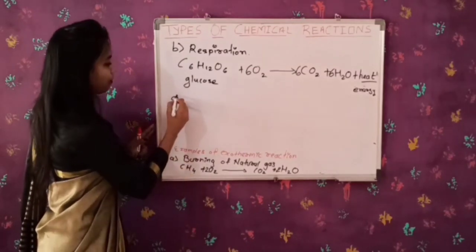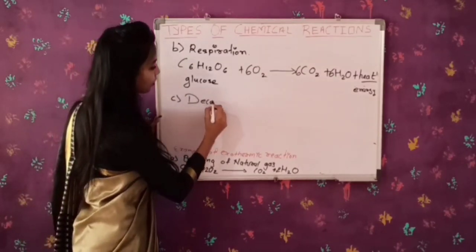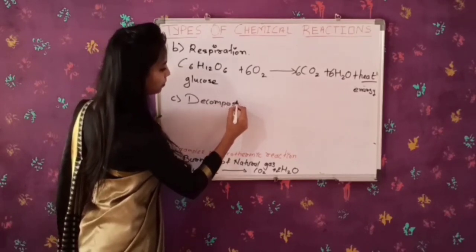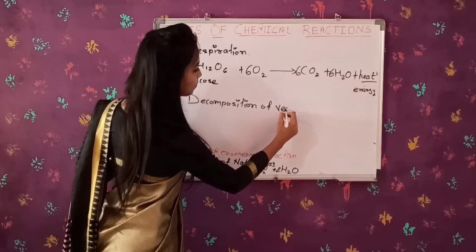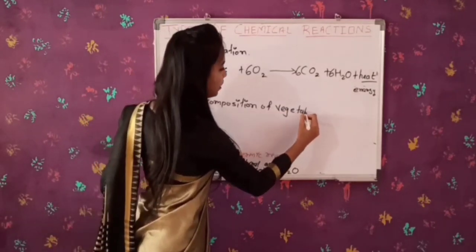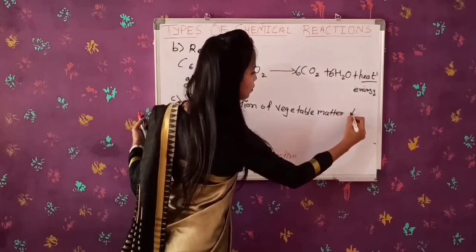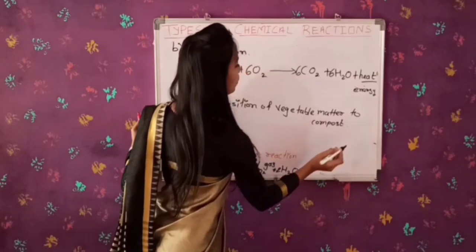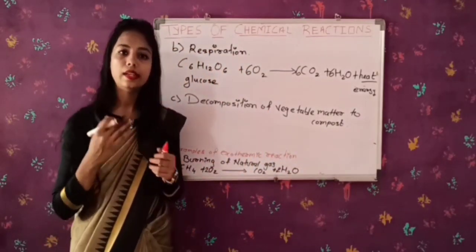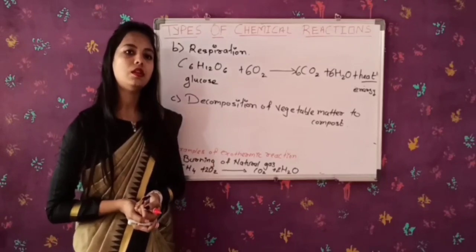And the last example of exothermic reaction is decomposition of vegetable matter to compost. So here also in this reaction the heat is released. Thus it is also an example of exothermic reaction.